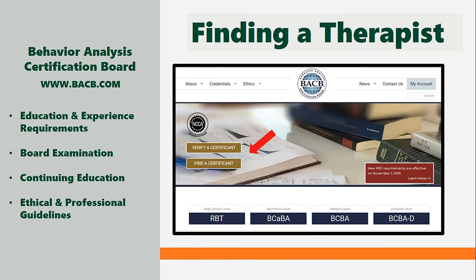They have to pass a board examination. They have to meet continuing education criteria. And they also have to abide by ethical and professional standards. And there are disciplinary actions for certificants who don't follow those guidelines. And so using this as a resource to find individuals who can provide behavior therapy is helpful, because when you have someone who's certified by the board, you know that they've met those requirements.